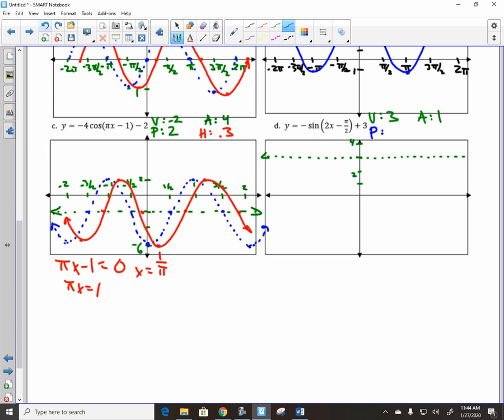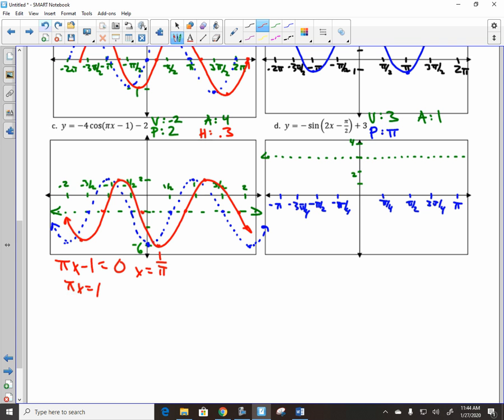What is the period? Pi. So I take 2 pi divided by 2, I get pi. And is there a horizontal shift?